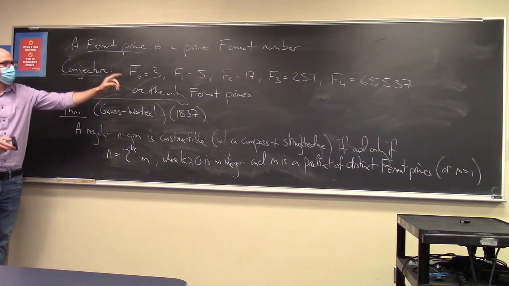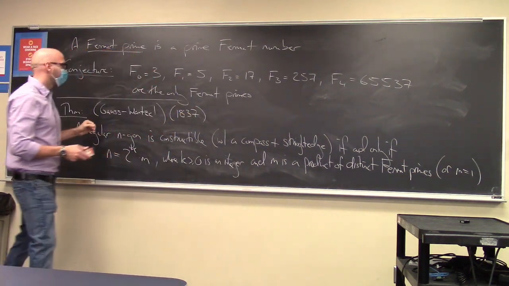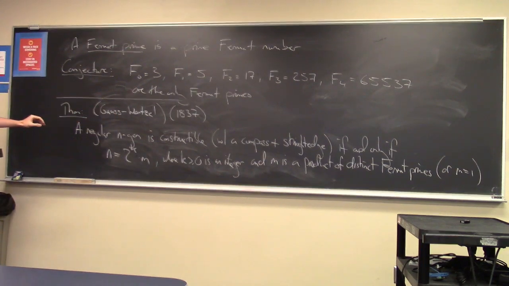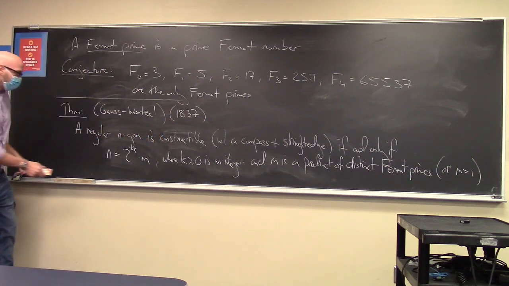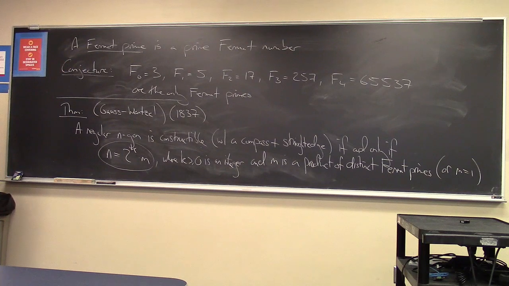Why the Gauss-Wantzel? Gauss constructed his 17-gon in 1796 when he was 18 or 19 years old. I think about 5 years after, around 1801, he proved that this was a sufficient condition. So if n was of this form, then you could construct it.